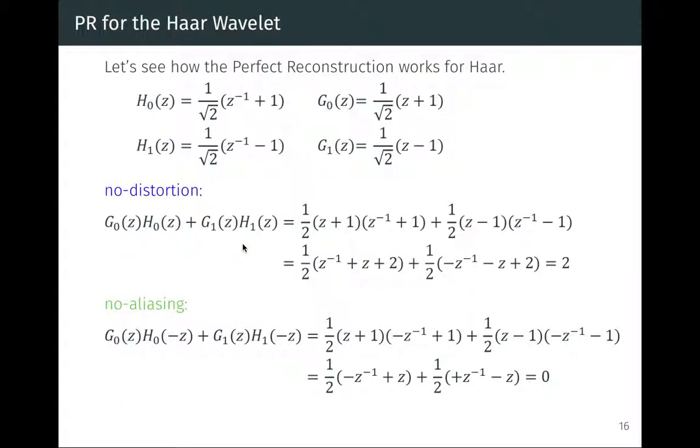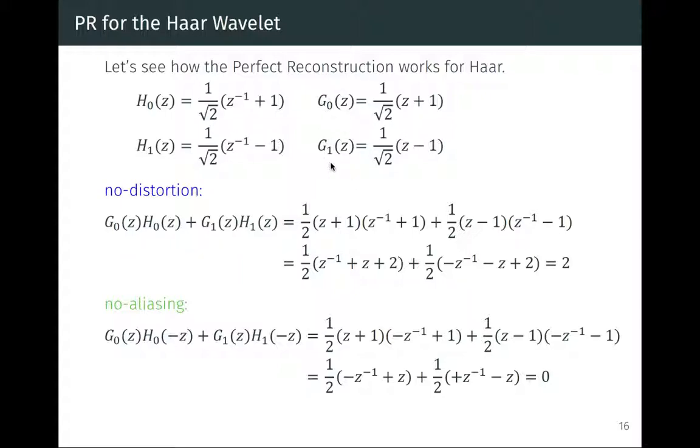So let's look at the Haar transform and see indeed that it's correct. The way you would do that, and that tends to be an exam question, is you have a definition of your Haar filter. So this is the analysis filter, H0 and H1, and then this is the reconstruction filter, G0, G1.